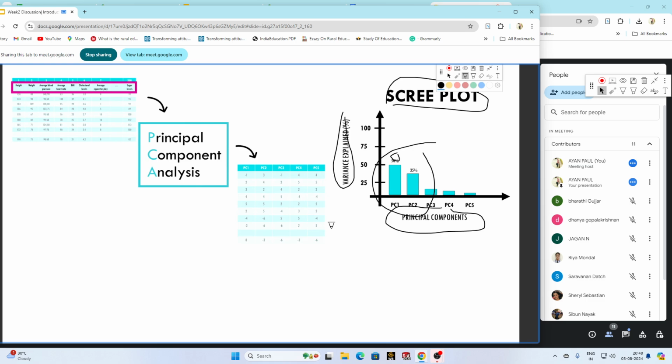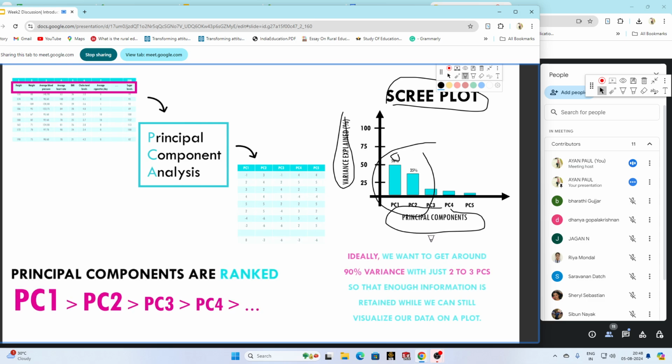Now another important thing: I have also told that a maximum of 2 axes we can visualize well, but after 2 axes we cannot visualize well. So we always design our principal components such that the variation is explained by only 2 or 3 principal components, that is, 80 to 90% of the variance is explained by only 1 to 2 principal components.